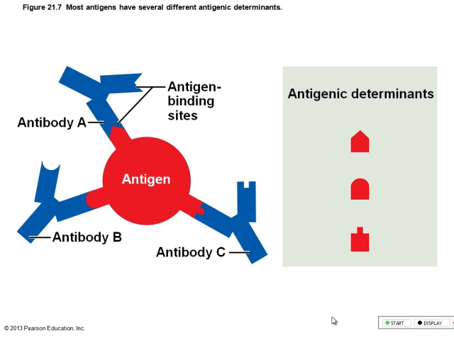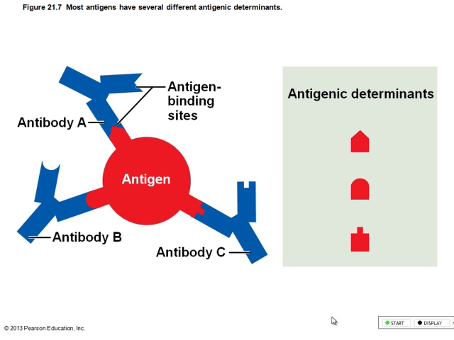So when antibodies attach to antigens, our non-specific defenses, those cells that we talked about, can actually see something foreign that doesn't belong. What am I going to do with it? I'm going to attack.